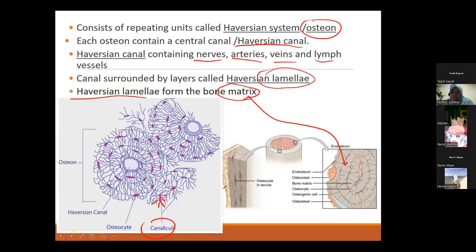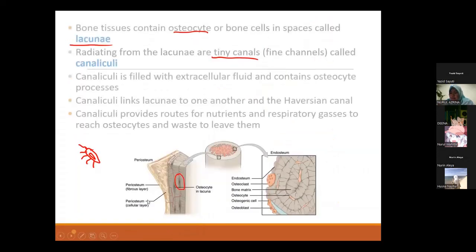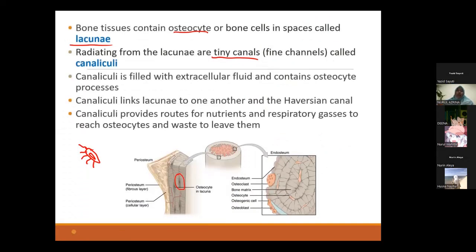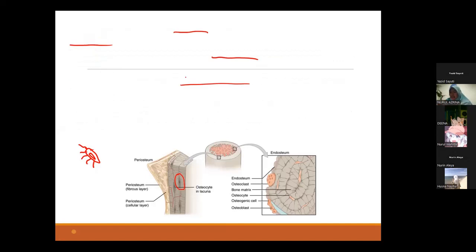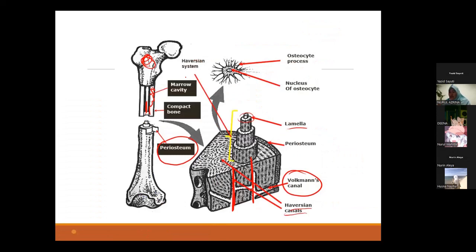So we call as canaliculi. Okay, so canaliculi are filled with extracellular fluid and contain osteocyte processes. Okay, process means projections. Macam ni ya. This one. This is what I call as osteocyte processes. It's projection from the osteocytes. Okay, right.